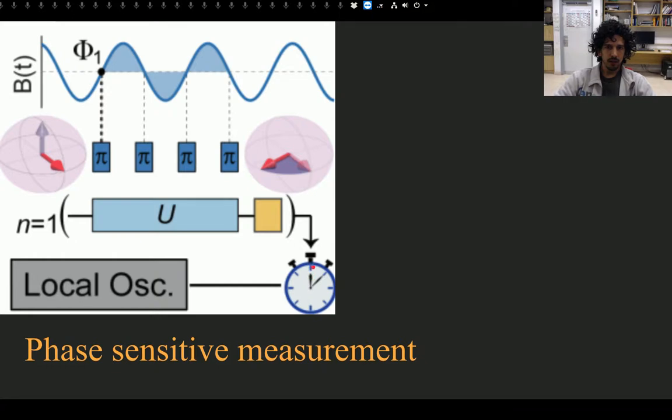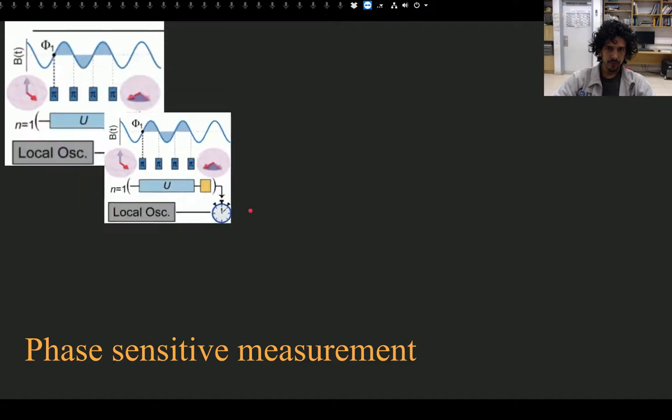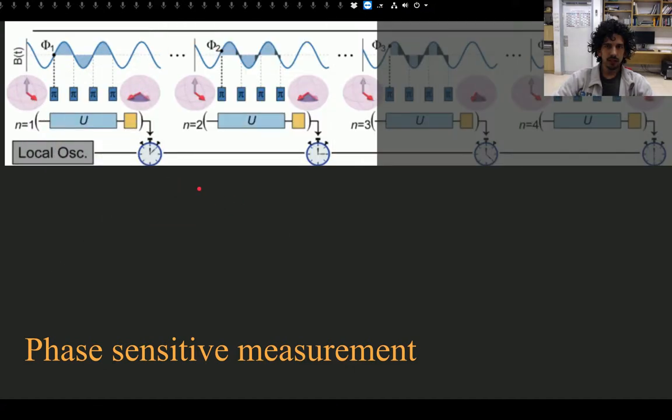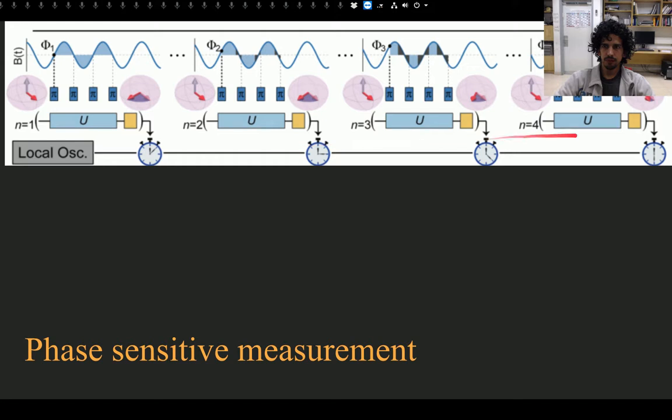And when we do that, we also record the exact time with an external local oscillator, and if we repeat this several times, we have a time series of our signal.